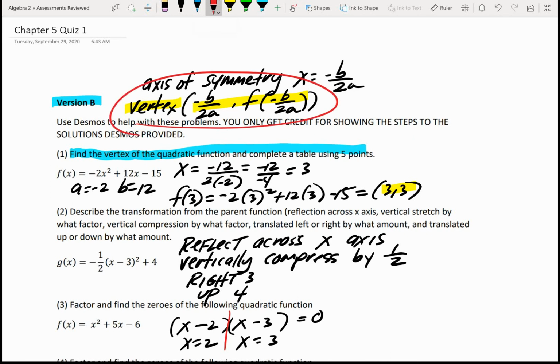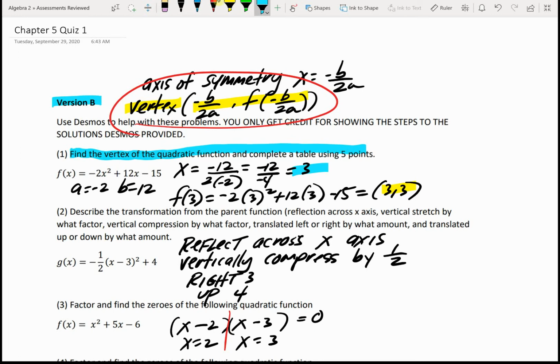So vertex, negative b over 2a, that's your axis of symmetry. Take your axis of symmetry, substitute into the function, and you'll get your k value. Remember, the vertex is (h, k). So number one, a is negative 2 and b is equal to 12. You put that into the axis of symmetry, negative 12 divided by 2 times negative 2, and you get 3.